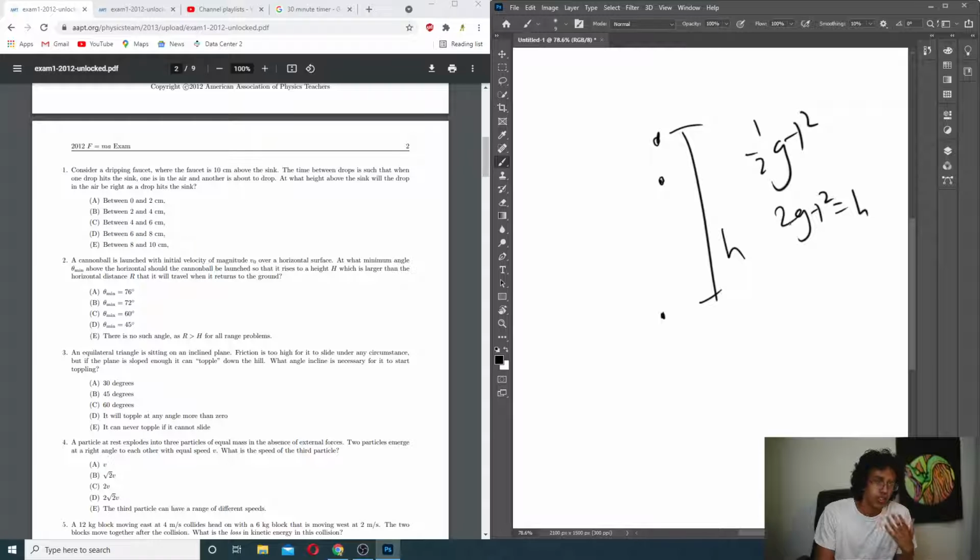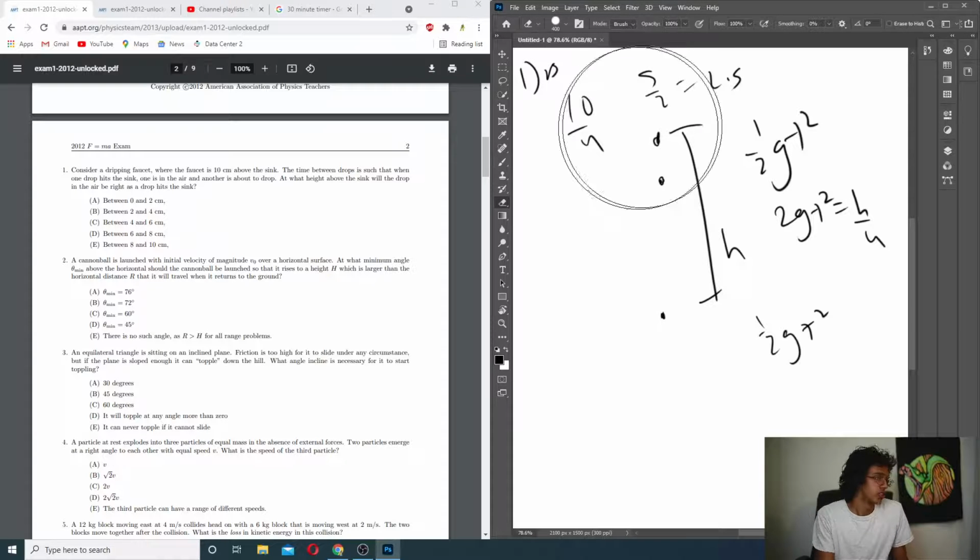And essentially we want to find out what 1/2 gt squared is. That's going to be h over 4, so our answer should be 10 over 4, because it's half the amount of time. So 10 over 4 is 5 over 2 equals 2.5, there we go. So it should be a B, very nice.